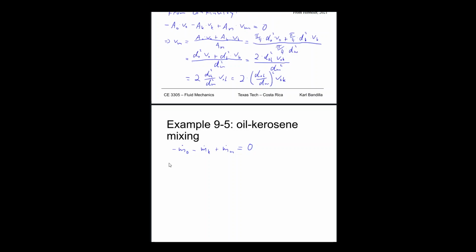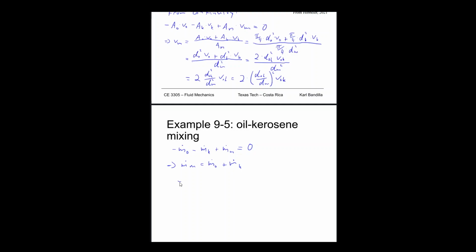That means we can solve that for m dot m is m dot oil plus m dot kerosene. And then we can plug that in.